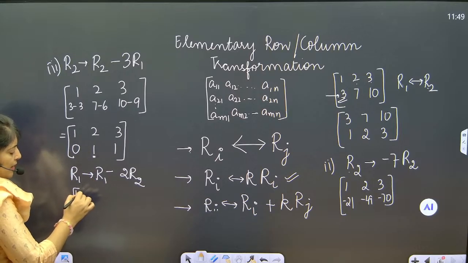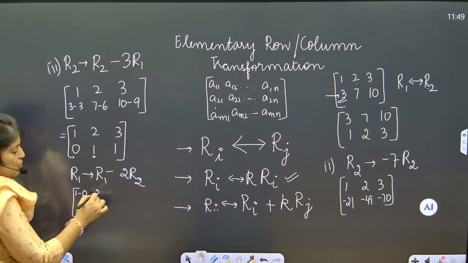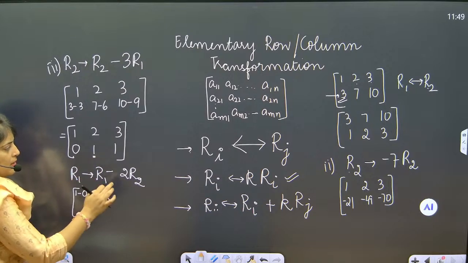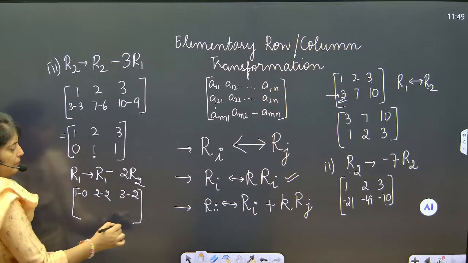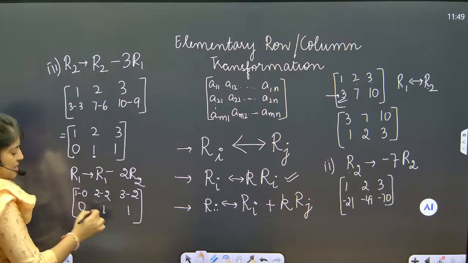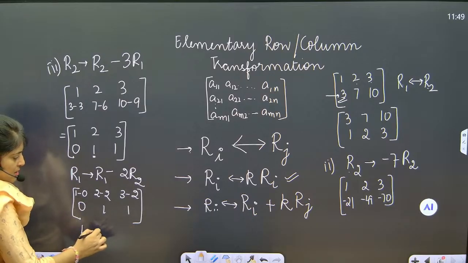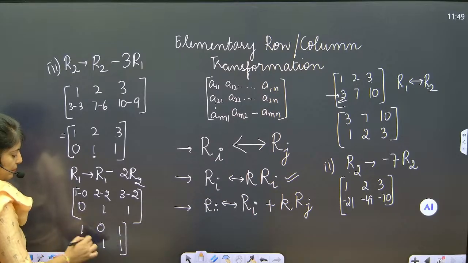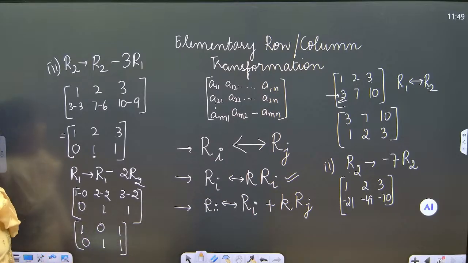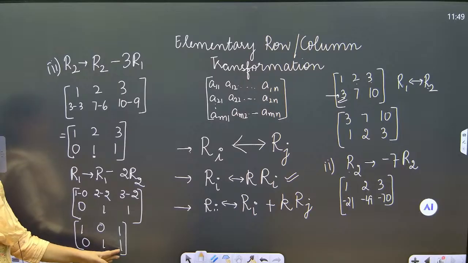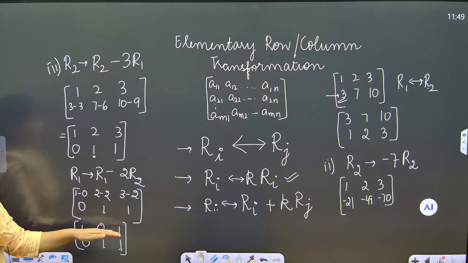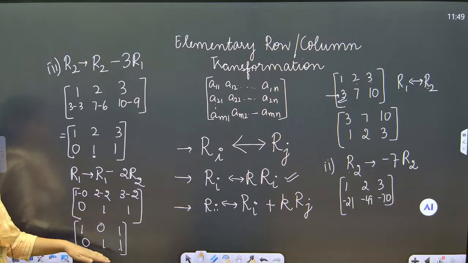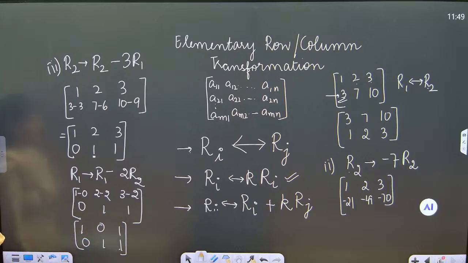So 1 minus 0, 2 minus 2 into 1, 3 minus 2 into 1. 0, 1, 1 as it is. So now it will become 1, 0, 1, 0, 1. Suppose I have to make this element 0 now, what will I do? I will subtract all the numbers here. That you leave.